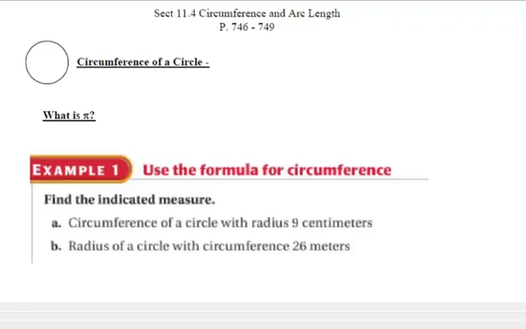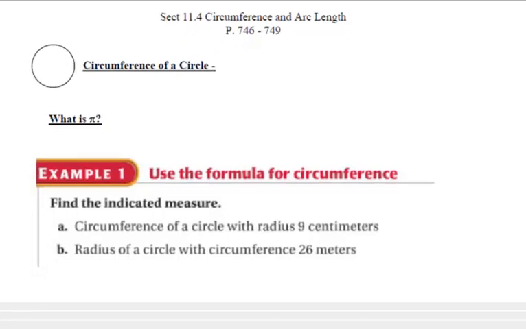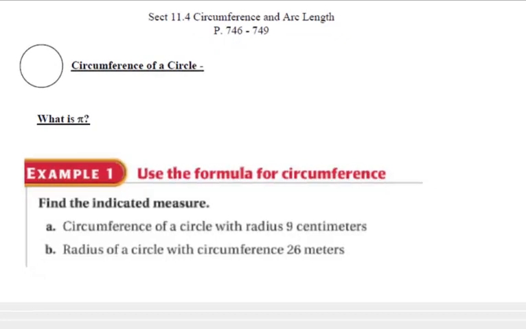Okay, and so our circumference, the formula that we got for that, okay, so that circumference formula we learned was either circumference equals pi times the diameter, where if we're looking at a circle, here's the center of my circle, and then from the center to a point on the edge of the circle is a radius.